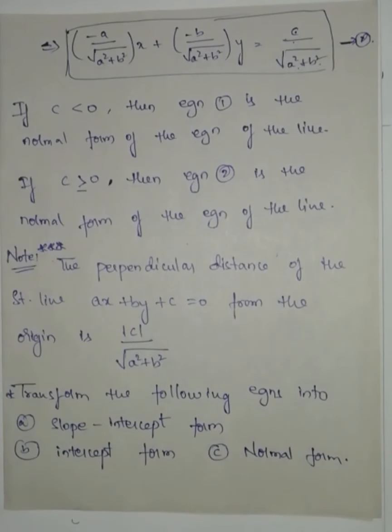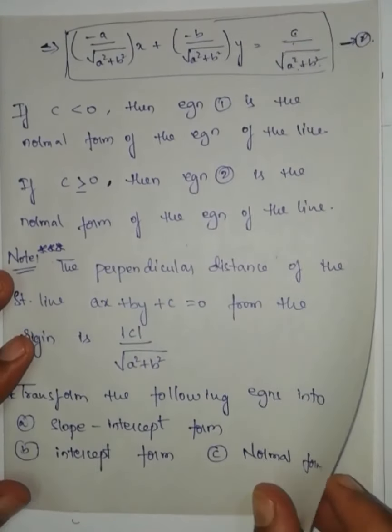We have to transform the given equations into slope intercept form, intercept form and normal form. So we will discuss one by one. In this we have nearly 6 to 8 problems, out of which I am going to solve a few.